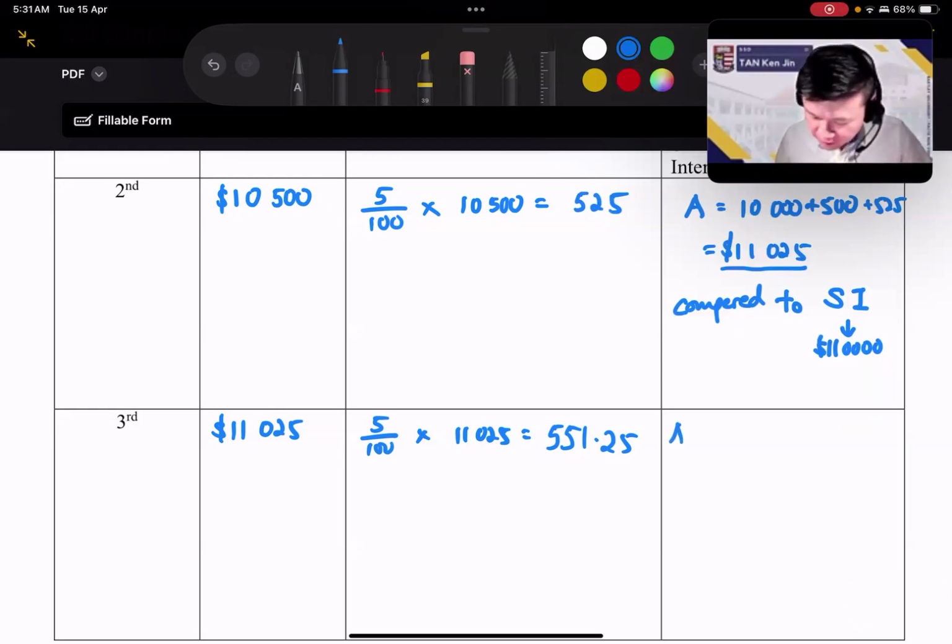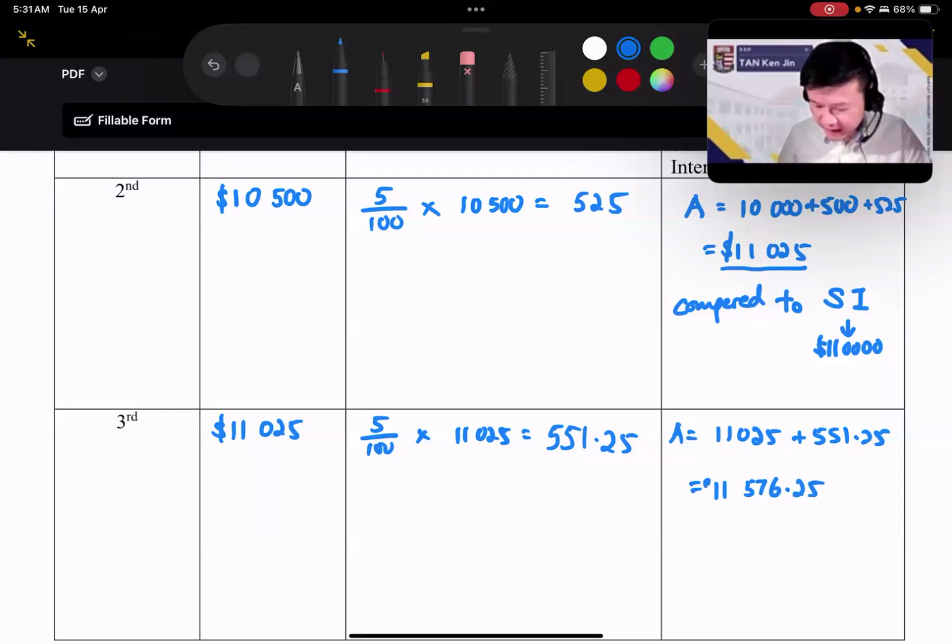So the total amount now is going to be the total amount at the end of the second year, plus 551.25. That is going to give me $11,576.25.